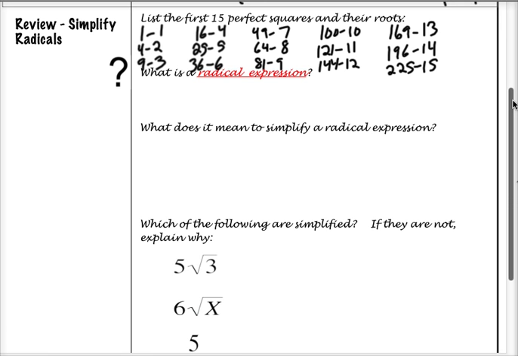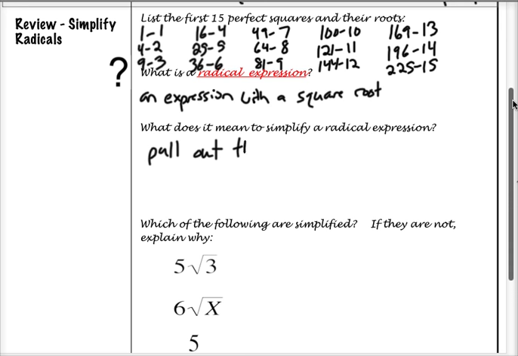Now, what is a radical expression? Well, all that means is an expression with a square root. That's all that it really means. Now, what does it mean to simplify a radical expression? Now, that means pull out the largest perfect square.